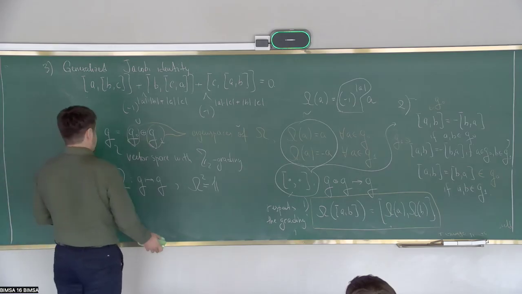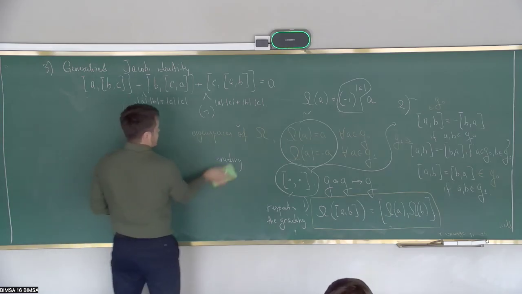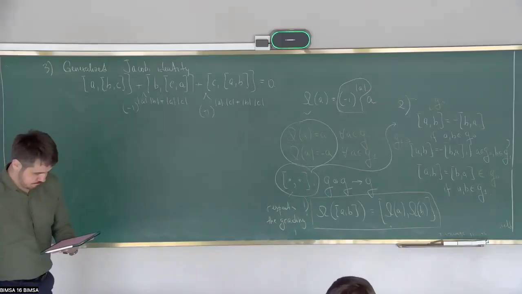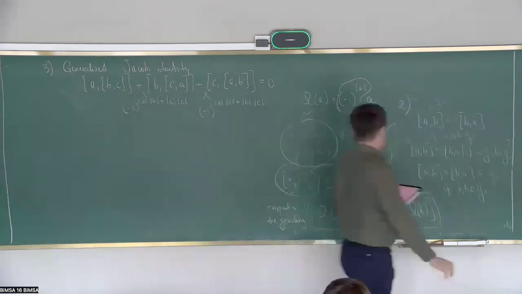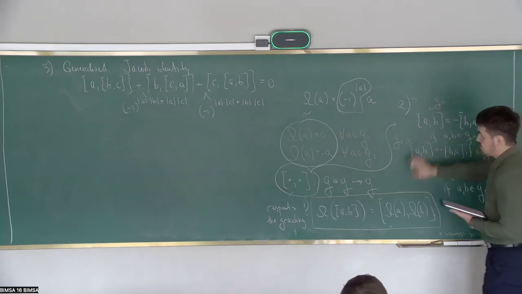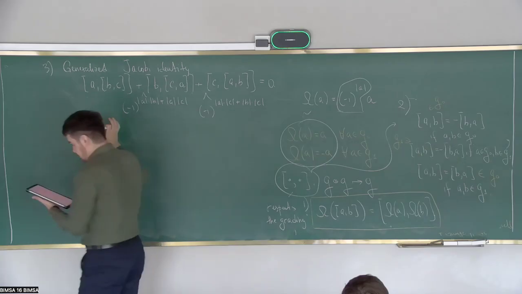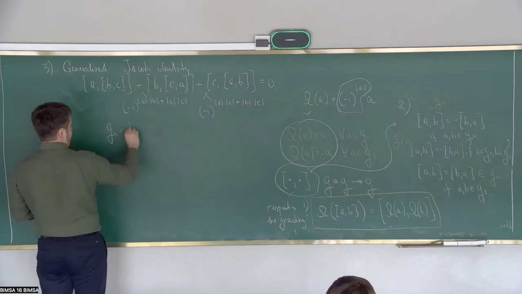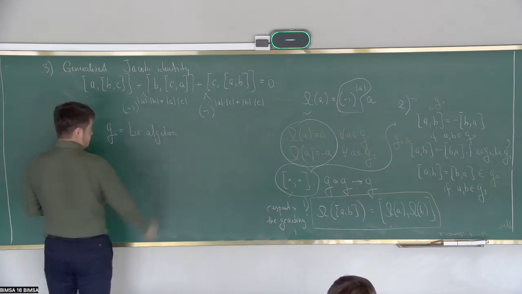Some simple properties already follow from here. If A and B belong to G0, then the commutator also belongs to G0, and moreover the commutator satisfies the usual Jacobi identity. So that means that G0 is a Lie algebra.